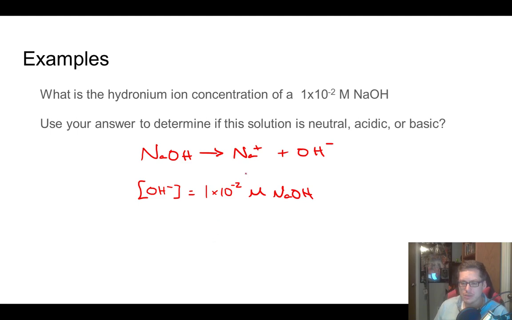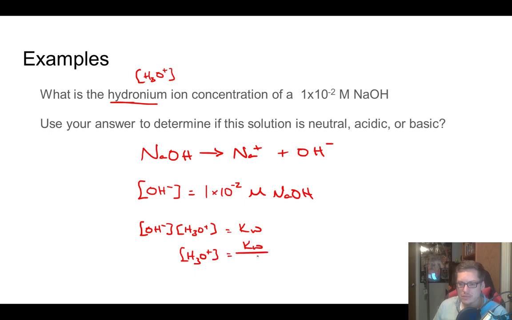All right, so what does that mean to us? Well, now they want us to find the hydronium ion. Remember, hydronium ion concentration, that would be our H3O plus. And we just established that the hydroxide times our hydronium is going to be equal to our Kw. So that means our hydronium ion concentration, our H3O plus, is going to be equal to our Kw divided by the concentration of the hydroxide.